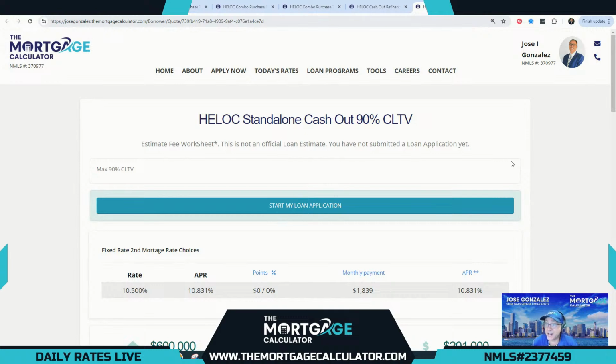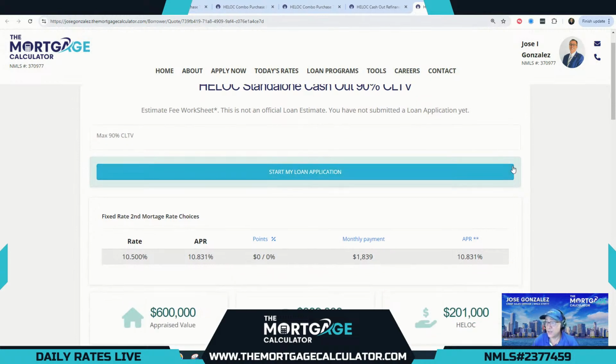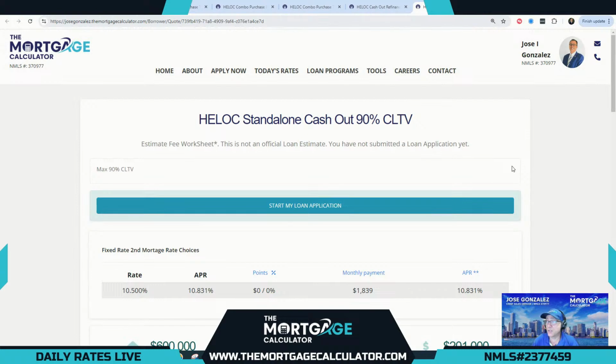We are now at a 90% combined loan to value between the first mortgage and the HELOC. So the scenario here, we have our HELOC of $201,000, and we're looking at a rate of 10.5%, and this is with our maximum credit score borrower as well.